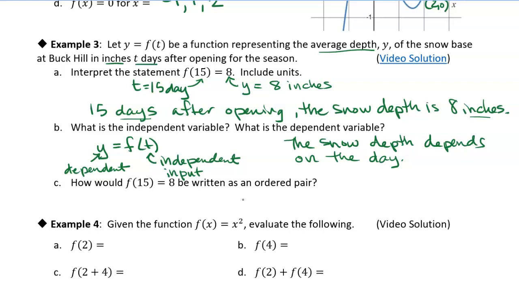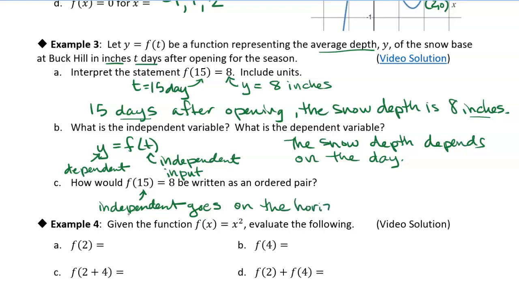All right. How would f of 15 equals 8 be written as an ordered pair? So if we were going to graph this function and we wanted to put this point on the graph, what would be the ordered pair? Well, the input, or the independent variable, goes on the horizontal axis.